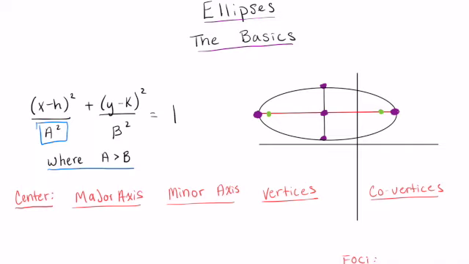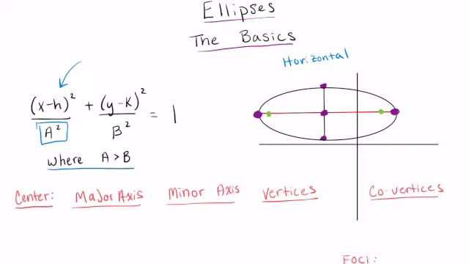Now, notice that in this particular example, my greatest denominator, which is always going to be referred to as A, is underneath my X variable. Because X has the greater denominator, the bigger denominator, that's going to make me have a horizontal ellipse.